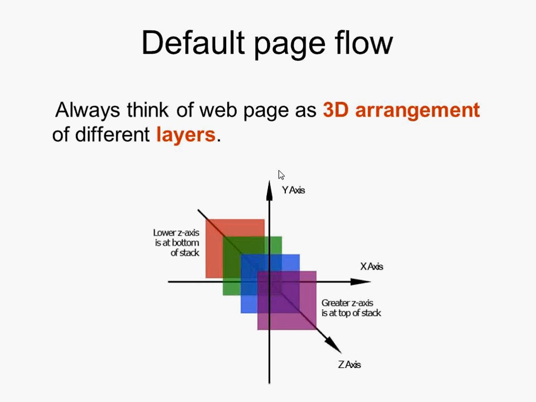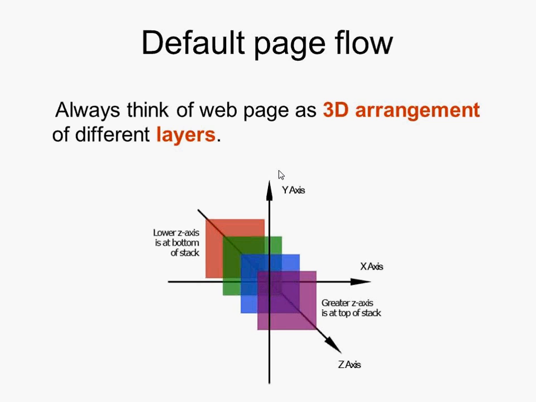One more thing I want to tell. By default, there is a default layer. You can say this is the default layer. If you don't specify any z-index and all the other stuff, each element will come inside this only. Think of a transparent sheet or a plane.